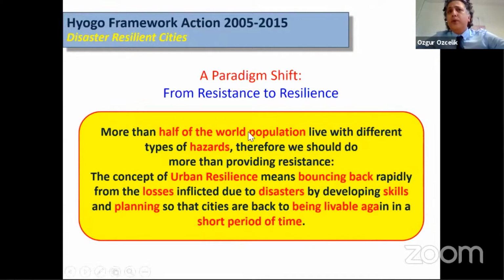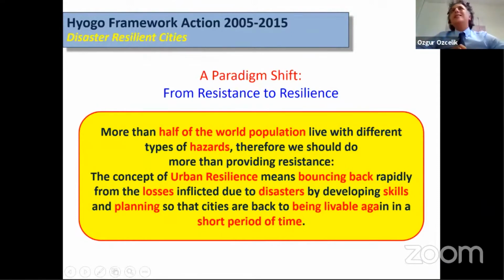More than half of the world population live with different types of hazards. Therefore, we should do more than providing just resistance. The concept of urban resilience means bouncing back rapidly from the losses inflicted due to disasters by developing skills and planning so that cities are back to being livable again in a short period of time.